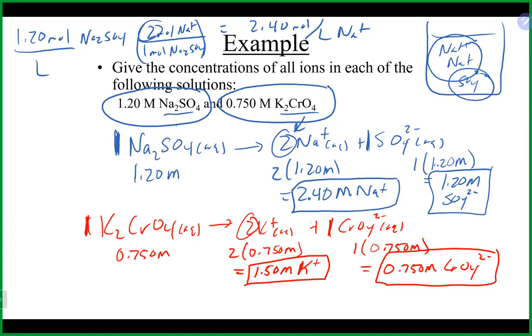So the concentration of potassium is going to be twice that of chromate that's floating around. Any questions on how you relate the whole concentration to individual ions? And that's a very common sort of thing. Sometimes you are interested in, especially with solutions, maybe just the ions that are floating around, not necessarily the whole thing. Any questions?